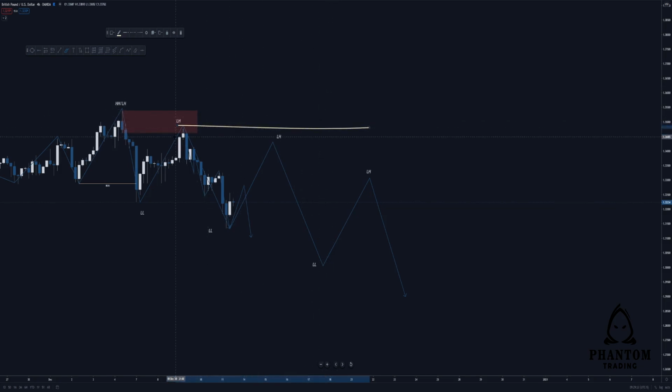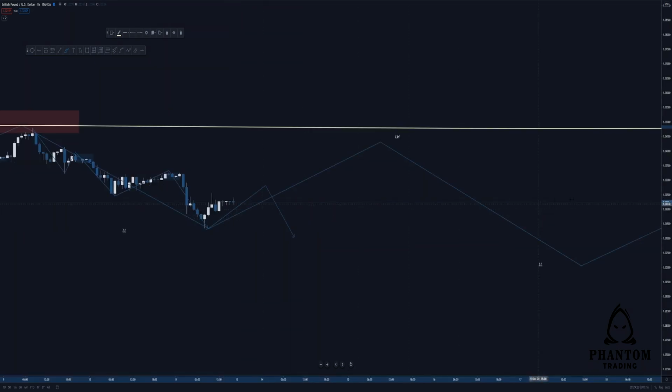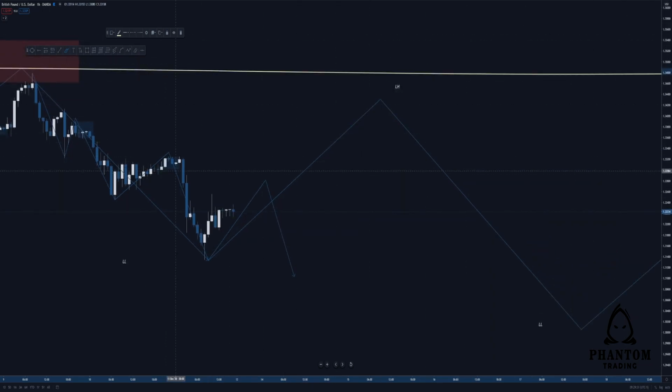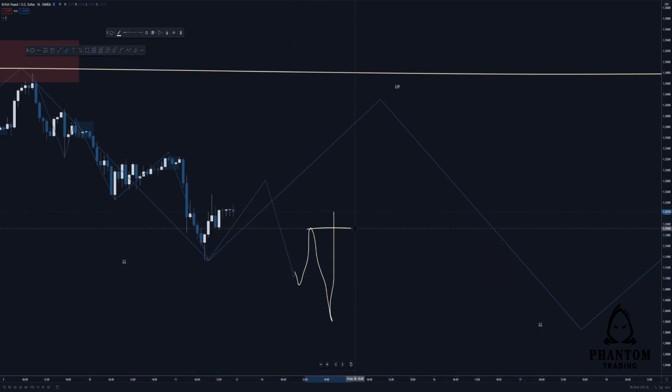So our expectation is for lower prices. And if on the 60, for instance, we start getting a break of structure to the upside, let's say price does make this lower low, lower high, lower low, and then ultimately breaks above this higher high, we know that we're expecting what?